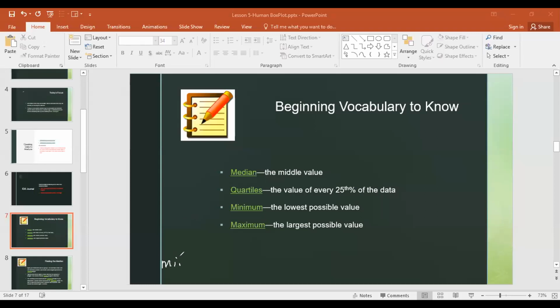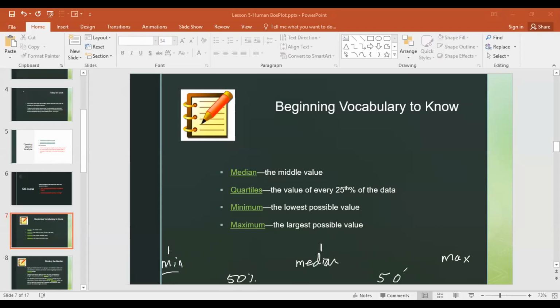So we have our minimum value, we have our median, and then we have our maximum value. From our minimum to the median, the halfway mark in our data, that represents 50% of our data. And the other 50% happens from the median to the maximum.